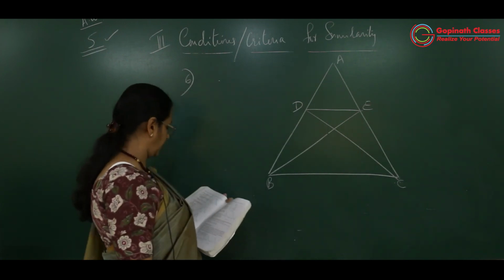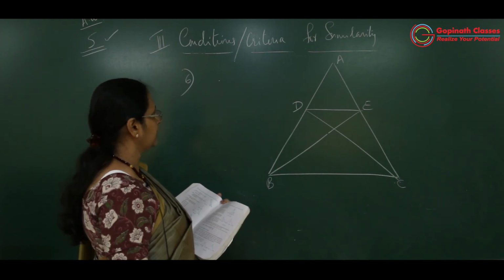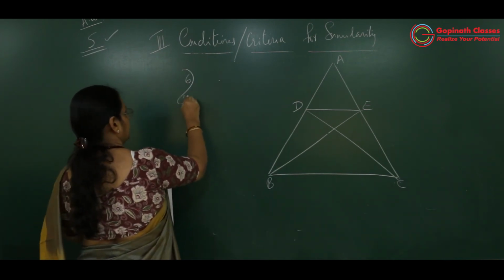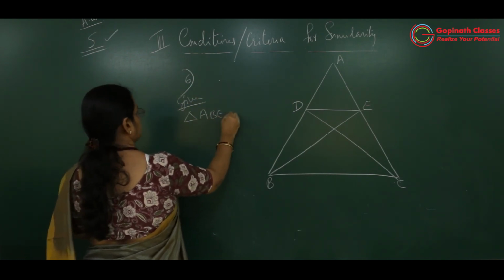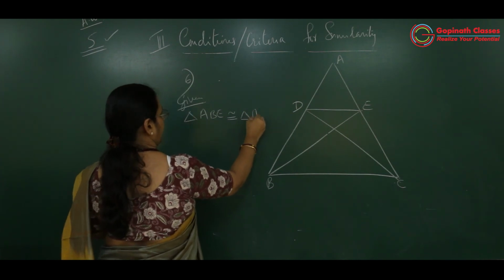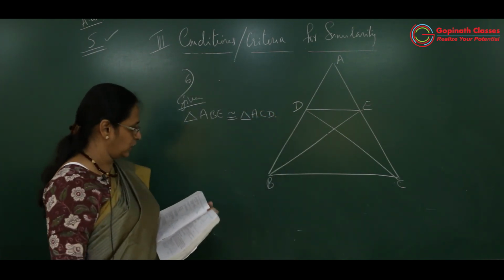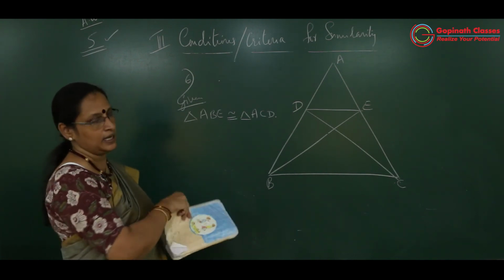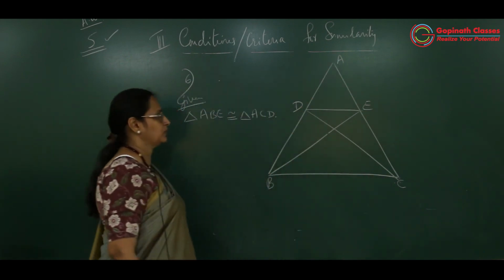Triangle ABE is congruent to triangle ACD. It's given. Two triangles are given congruent. Show that ADE is similar to ABC. The small triangle ADE is similar to the big one ABC. You have to prove it.